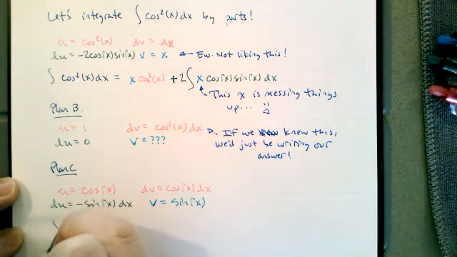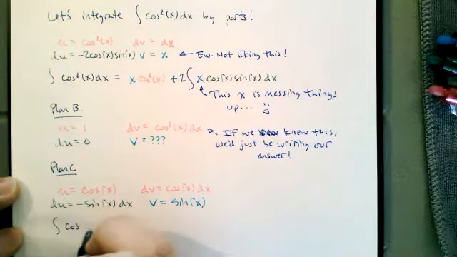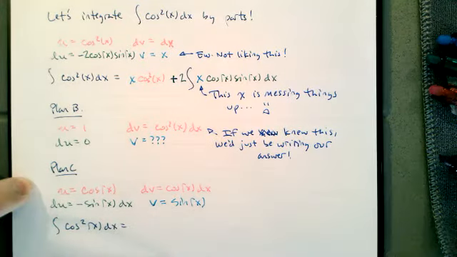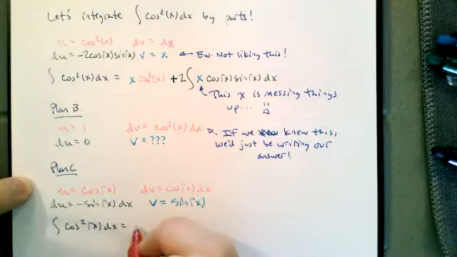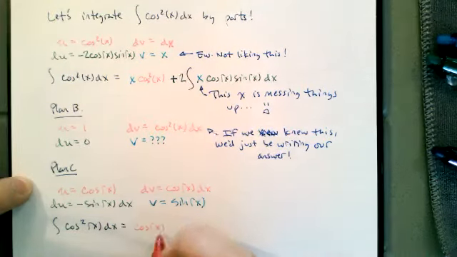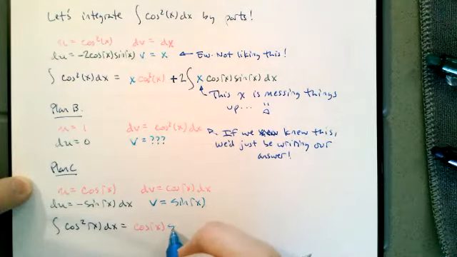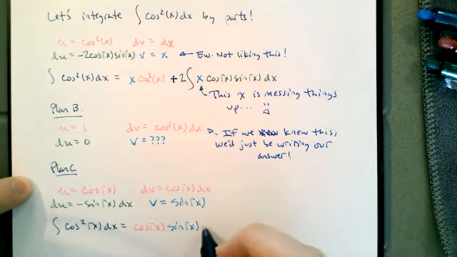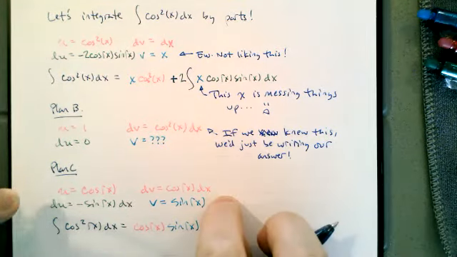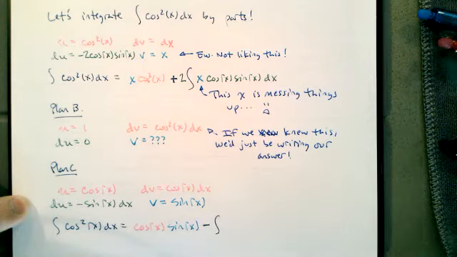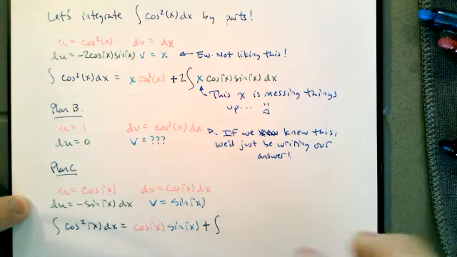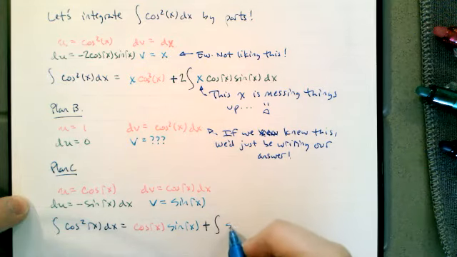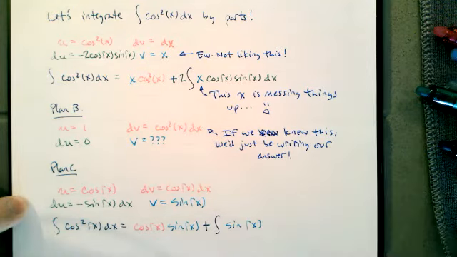So the integral of cosine squared is uv. So I have cosine x sine x minus the integral of v times du. So I'm going to factor the negative out. And sine times sine is going to be a sine squared dx.